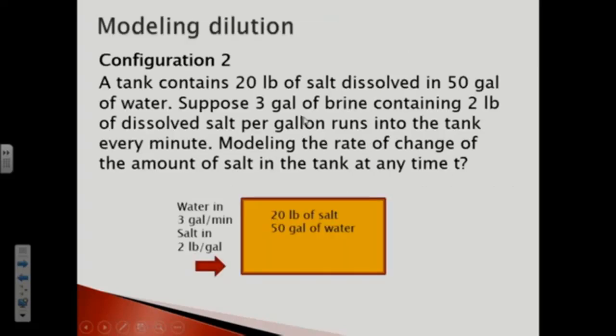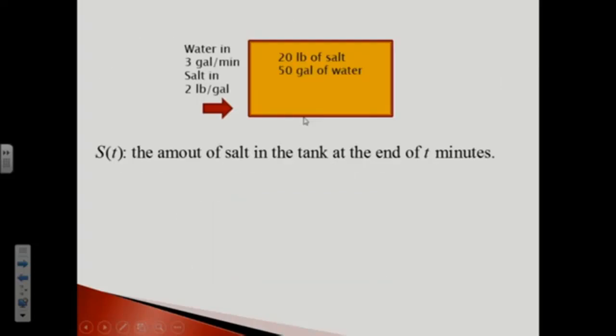Configuration 2. A tank contains 20 pounds of salt dissolved in 50 gallons of water. Suppose 3 gallons of brine containing 2 pounds of dissolved salt per gallon runs into the tank every minute. Model the rate of change of the amount of salt in the tank at any time t. Let S(t) denote the amount of salt in the tank at the end of t minutes. The rate of change in S(t) is the difference of the inflow rate and the outflow rate.